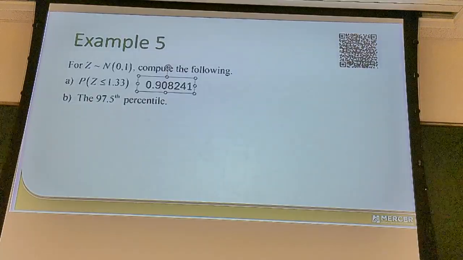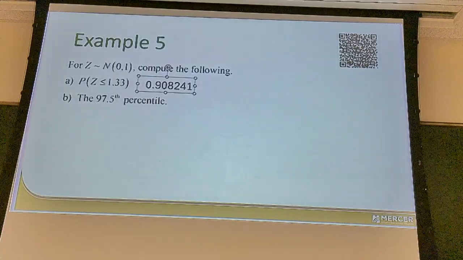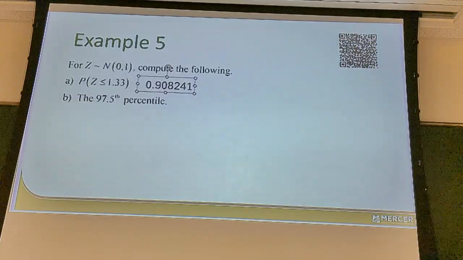Now the 97.5th percentile. What is the area to the left that we are looking at? We're looking at the 97.5 percentile. Looking for the z-score that has what area to the left of it? Less than, so area less than is what?